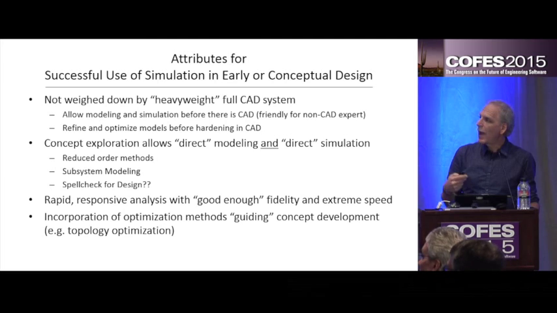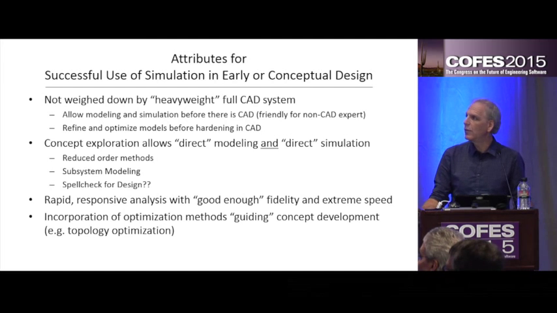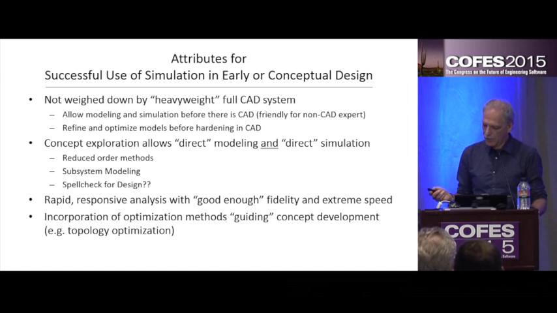So we've mapped out some of the attributes that it would take for a successful simulation. We need products that are not heavyweight. They need to be easy to use. They don't need to have every bell and whistle, but they have to be performant and work like a natural extension of what someone would normally do.